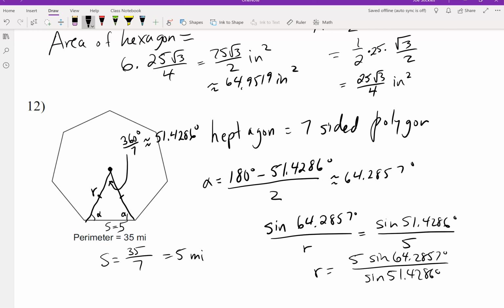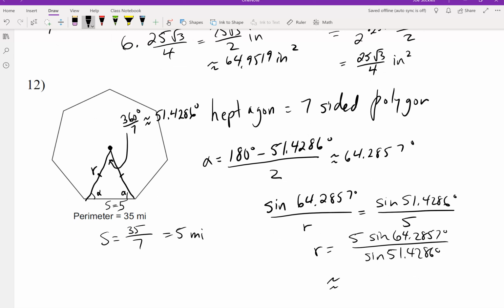So let's see that. We're going to need 5 times the sine of the 64 number, and then divide by the sine of the other number, the 51.4 whatever number. And this gives us about 5.7619 miles.